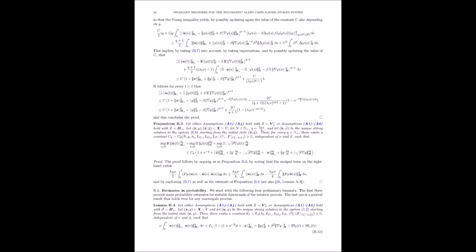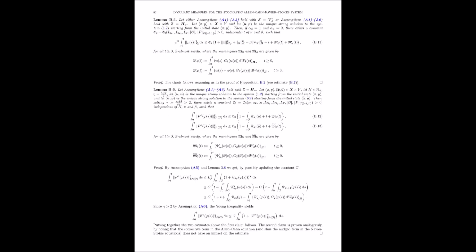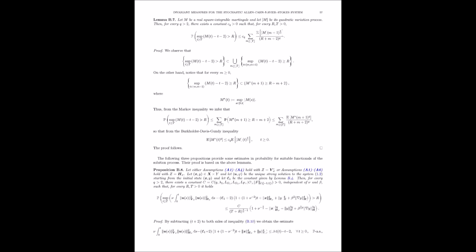It's like preventing them from leaking out of the system as time goes to infinity. So it's like keeping all the possibilities contained within a manageable space. Exactly. And they use a combination of estimates on the moments of the solution and compact embedding theorems for Sobolev spaces to prove this tightness.